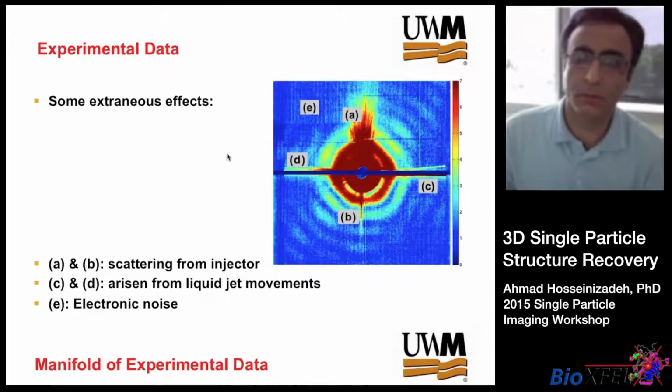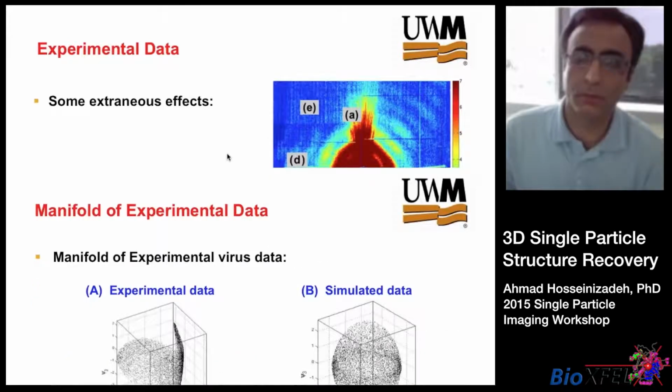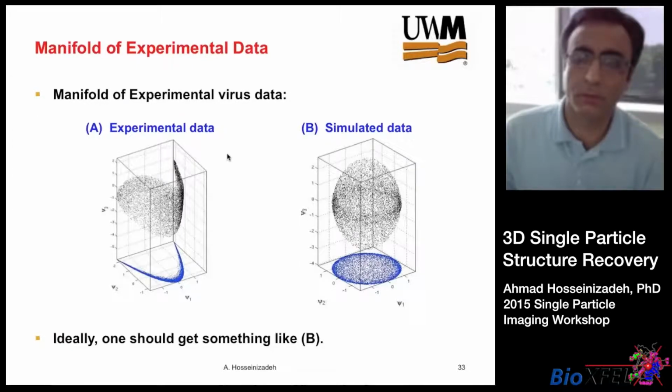So let's embed them. Again, for the experimental data, what you get is just this one. But in the case of simulated data, we work with this one, the ideal case here. Now the main task is that somehow we have to convert this one to this one if we want to find the orientation. Each artifact plays its own role here.